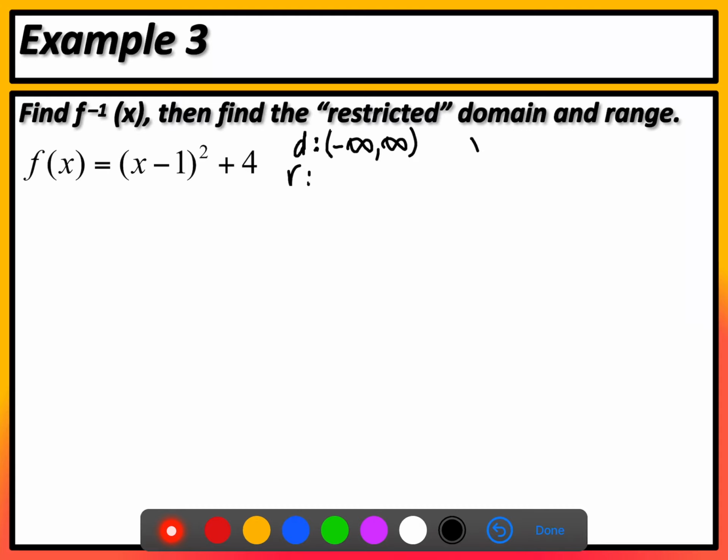So this is already in vertex form. Okay, so the vertex of this parabola is 1, 4. Okay, which means that the graph would look like that. So we see that it's bounded below. Okay, so your range is going to begin at 4 and go up to infinity.